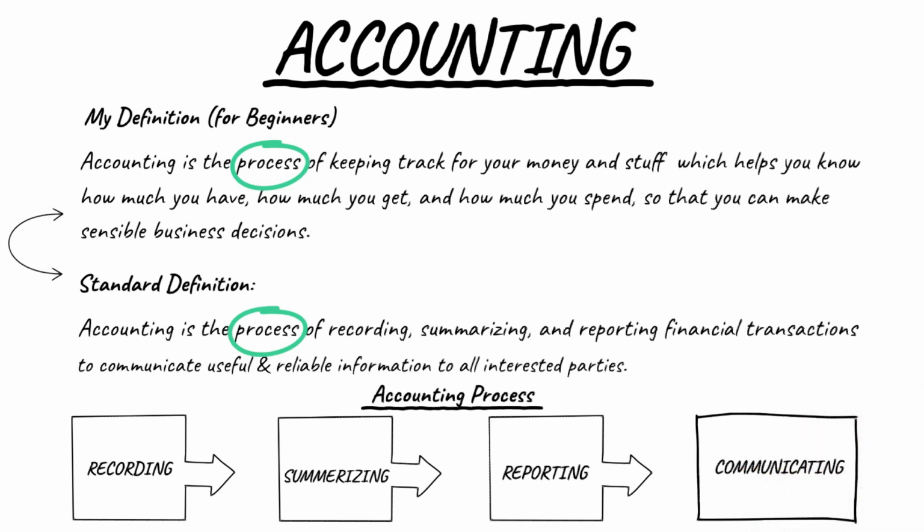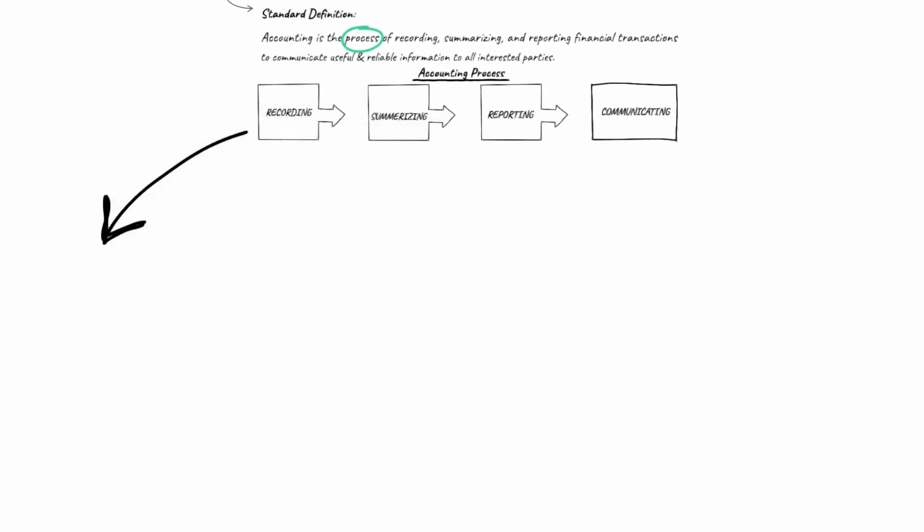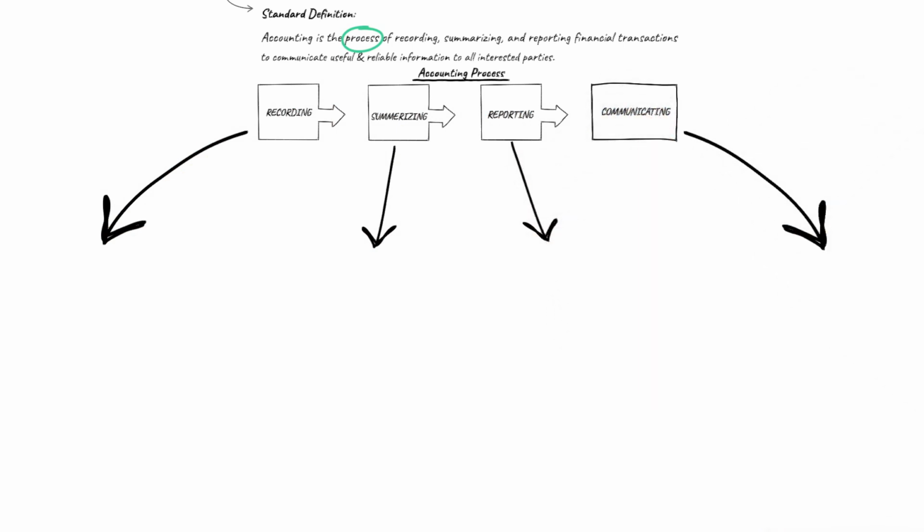We first have to record financial transactions, then summarize them in a useful way, put these into a report format, and finally share the reports with those who need them. We are going to delve into each of these steps, and once you understand these 4 steps of accounting, you will know exactly what accounting is, how it is done, and how it can help a business.